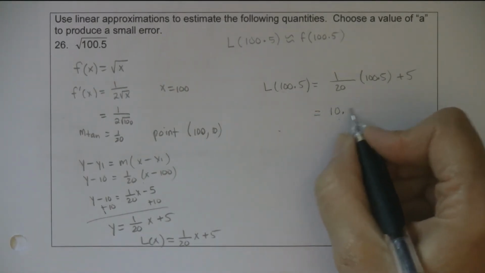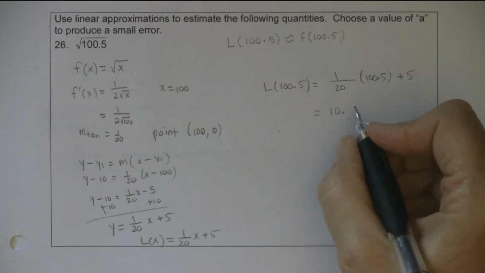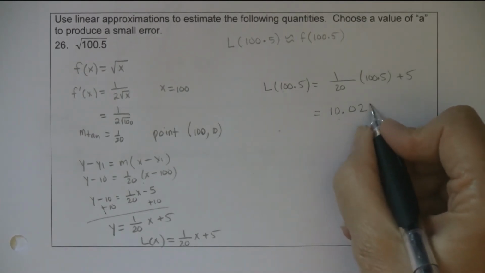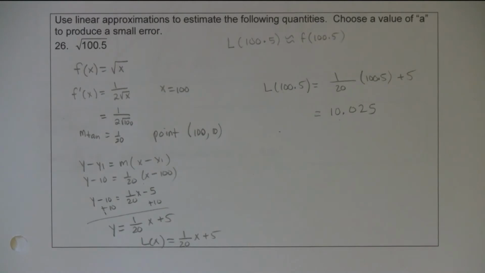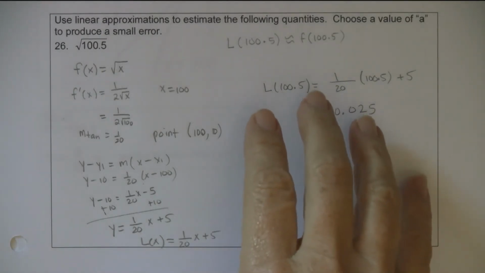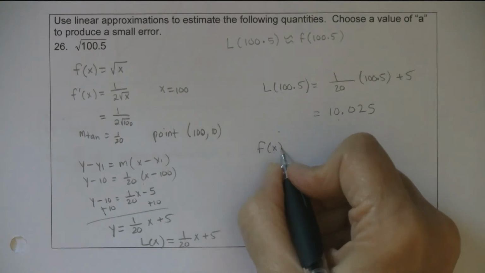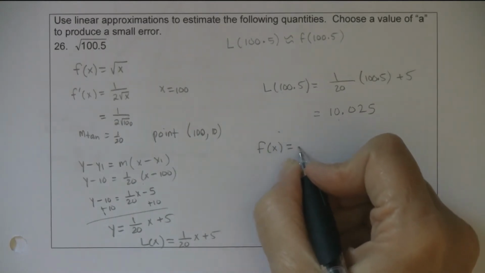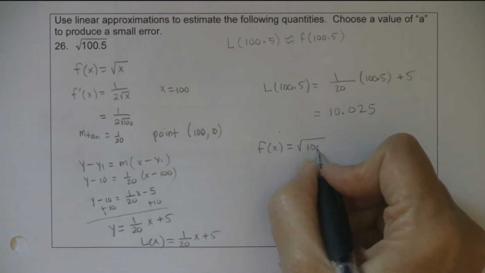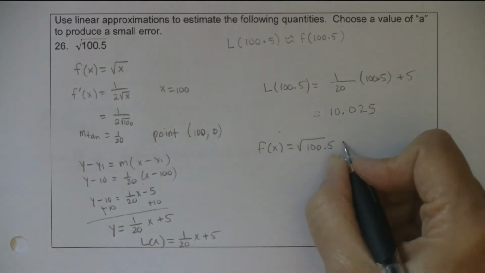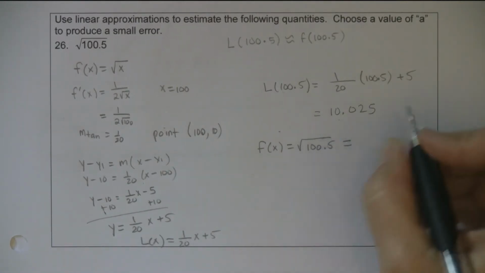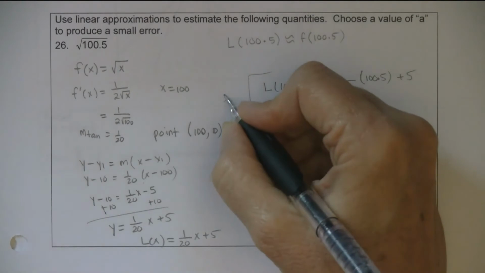Okay, maybe I'd have to write on paper, maybe even write on the ground, right? But when I do, I get that. And again, they're saying that this would approximate this, which is the square root of 100.5. So this right here is the estimate.